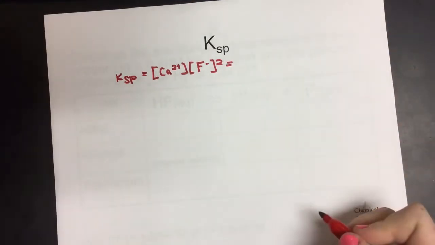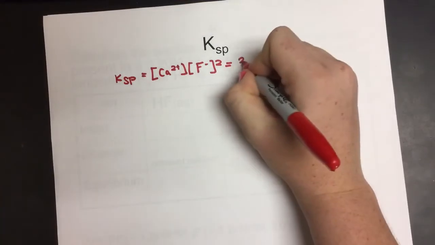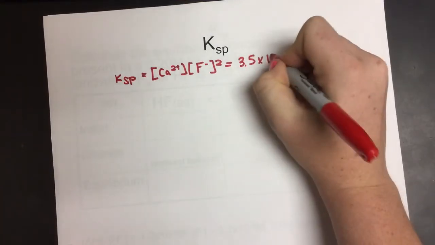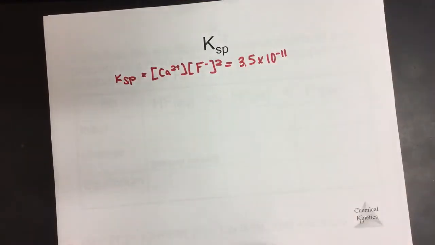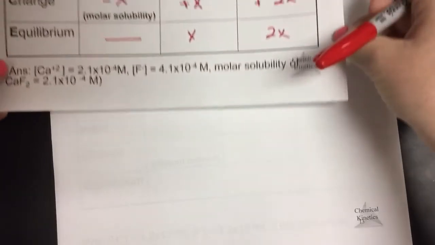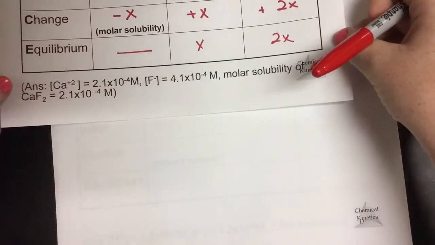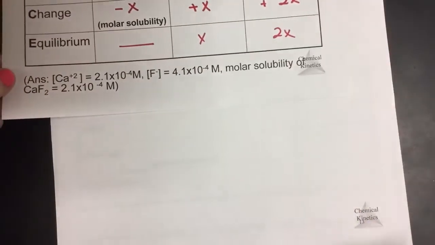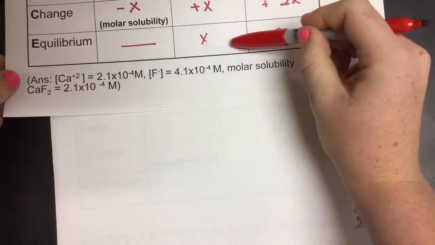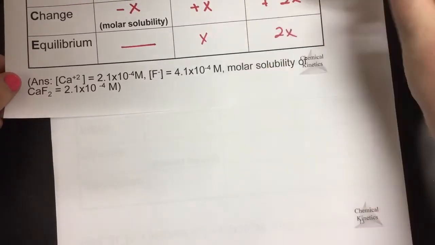And in the problem we saw that that was given, and it was 3.5 times 10 to the negative 11th. So now we just have to plug in what we have, and in the equilibrium row we figured out that there's x amount of Ca2 plus at equilibrium and 2x of F minus. And so we're just going to plug those in for the concentrations down here.